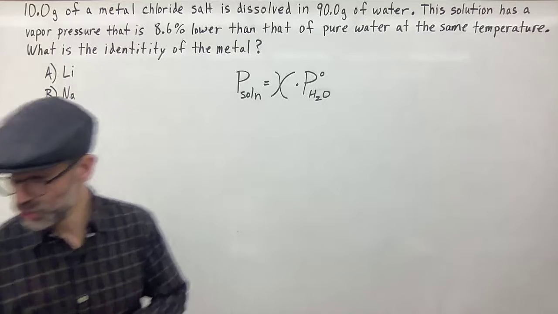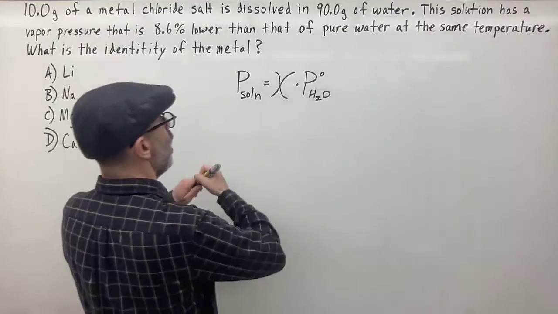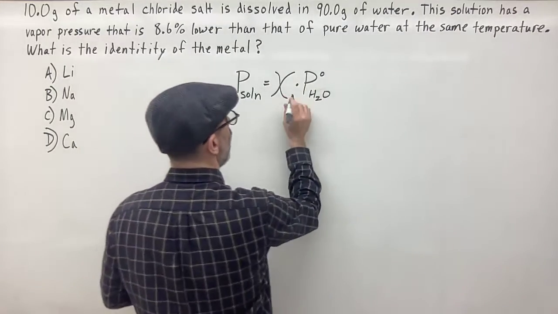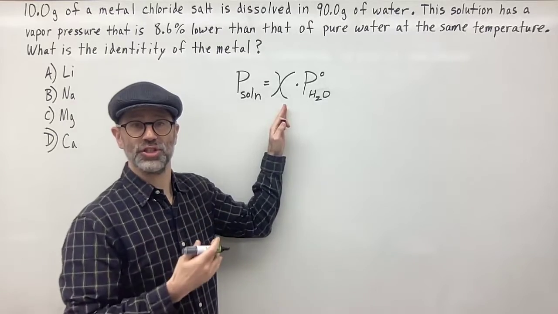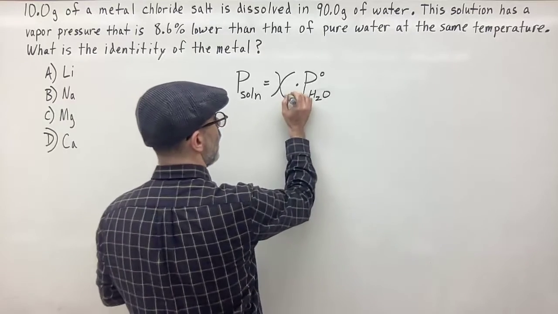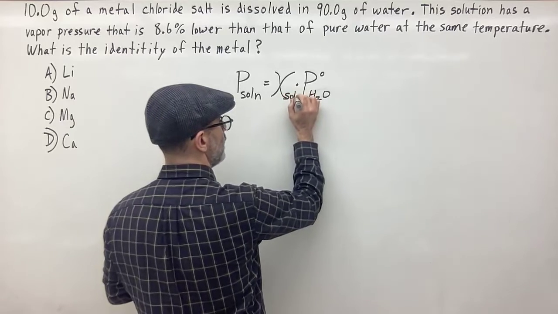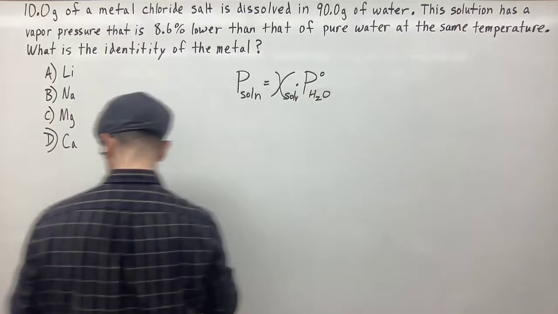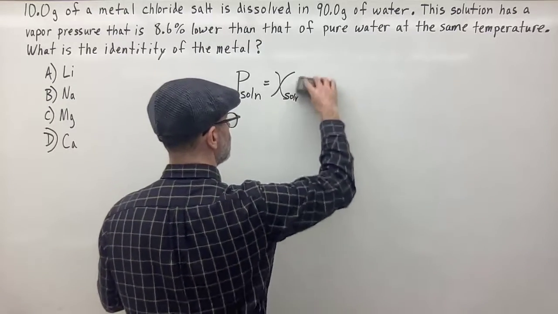Let me double check here. Okay, and this chi, we need to identify this as either the solute or the solvent. But here, the chi, the mole fraction, is that of the solvent. So let me write that out to make that clear.